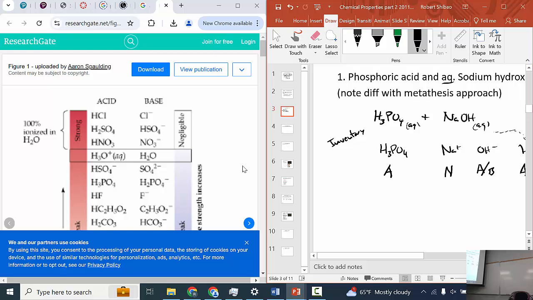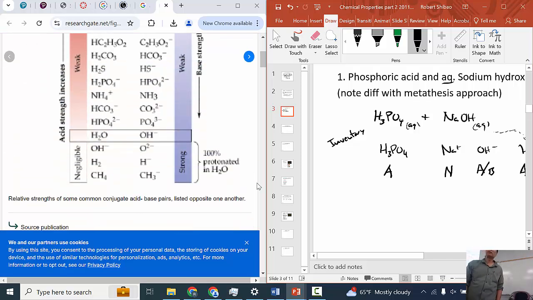There's a leveling effect for bases too. All the strong bases, stronger than hydroxide, will level to hydroxide because all of these will accept a proton from water. So all these will hydrolyze water to form hydroxide, and that leveling effect is complete.